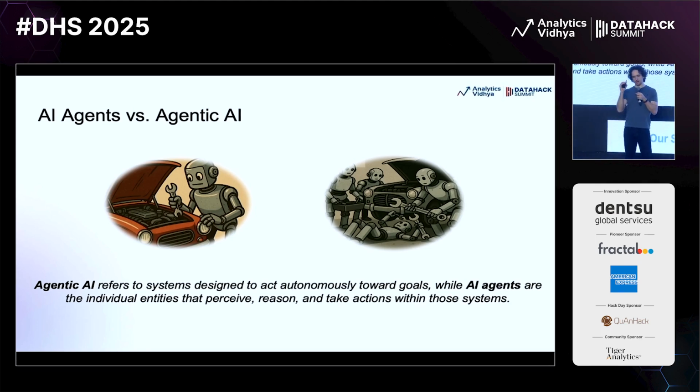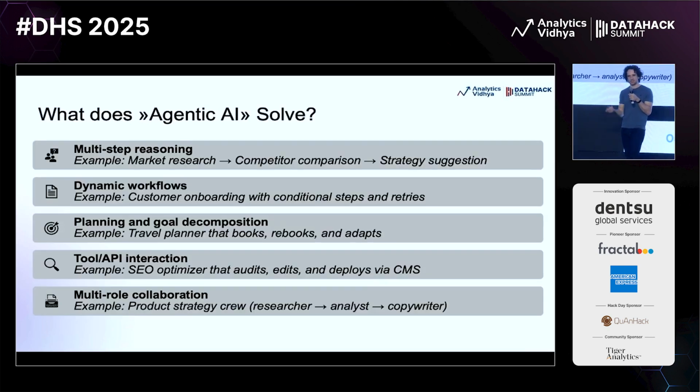But with agentic AI, we're basically talking about a system that is designed to act towards a goal, and with AI agents, the actual units we have in it. These two examples are probably a good way to explain it. We have an agent, but then at the same time, we have this group of agents, which is an agentic AI system. It's more for labels. So you will hear these words, and it's more about standards.